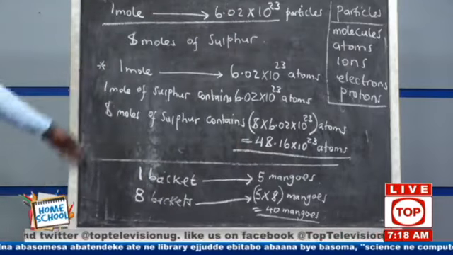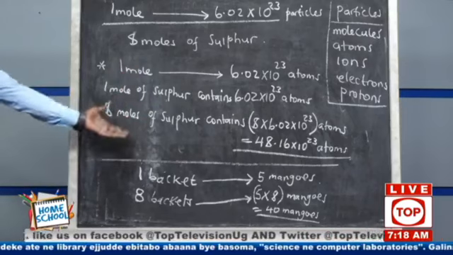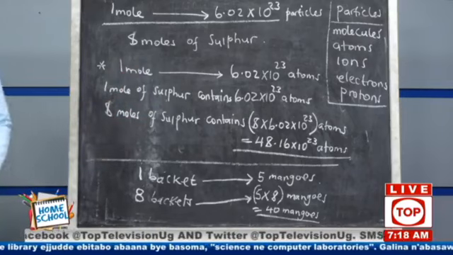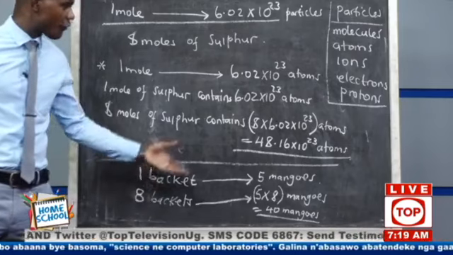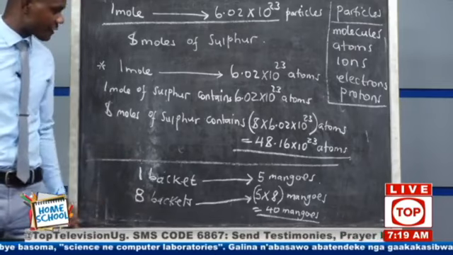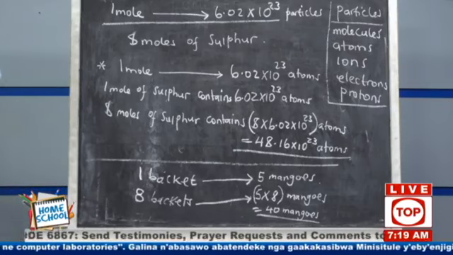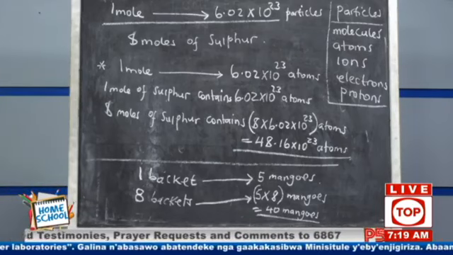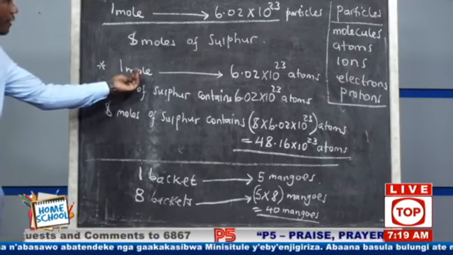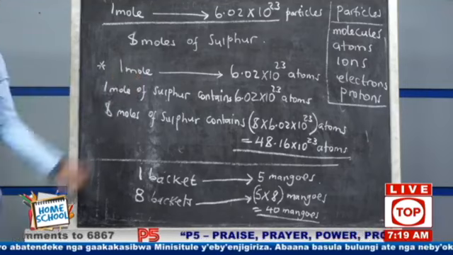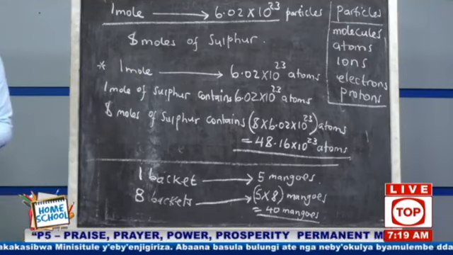Okay? That means if just 1 mole contained 6, then these 8 moles will contain a higher figure. In the 1 bucket, you find there 5 mangoes. In 8 buckets, you find there 40 mangoes. Okay? And that's the same concept here. Remember, a mole was got from the concept of grouping particles. They saw that particles are living in a large number.